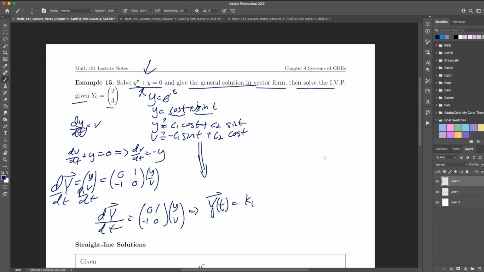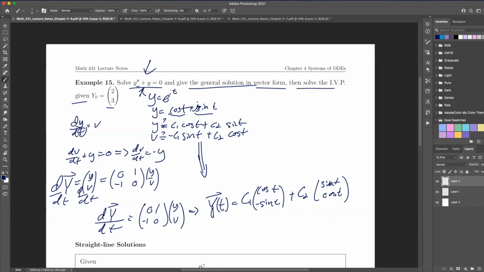So c1 will turn into k1. We'll just leave it as c1, it doesn't matter. c1 times this vector, cosine t, minus sine t, right? Plus some c2 times the vector sine of t, cosine t. Okay.